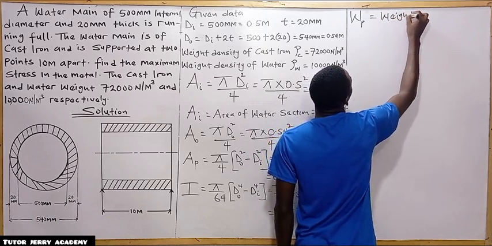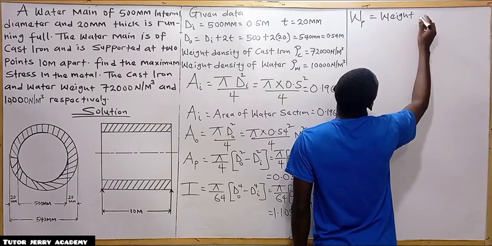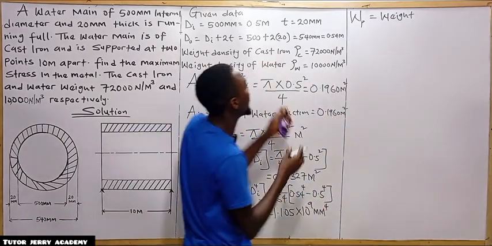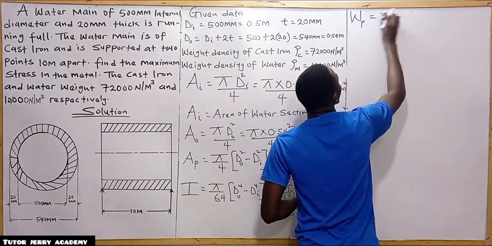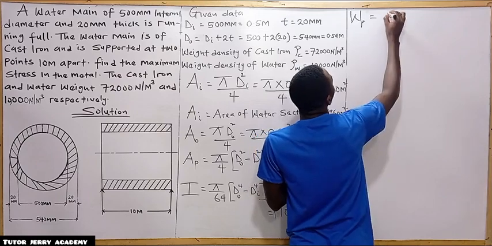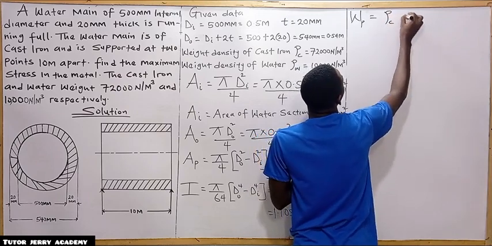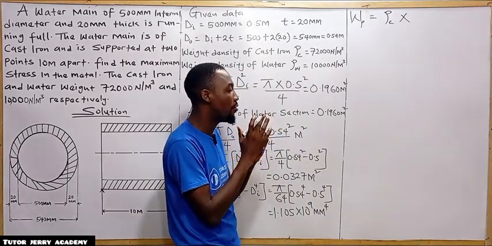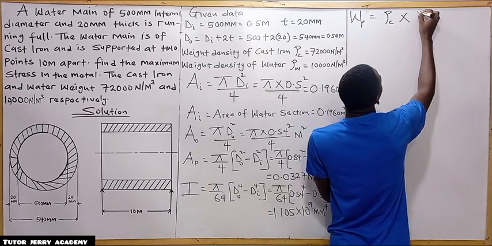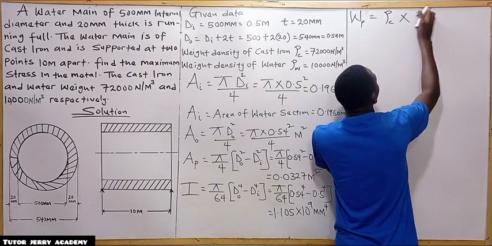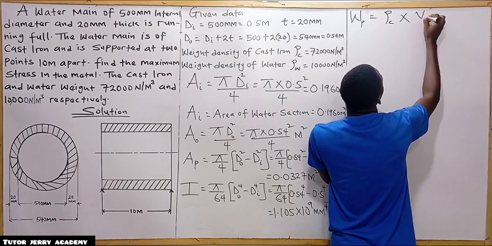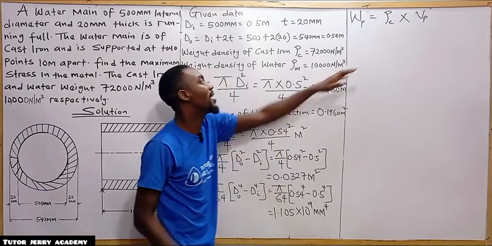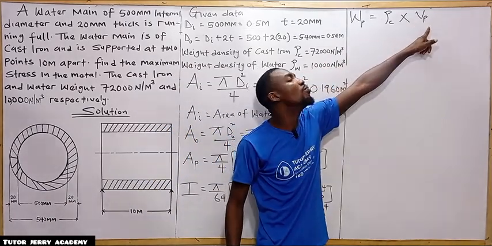Weight density of cast iron, good, which is denoted by P subscript C, multiplied by the volume of pipe. So this is weight density of cast iron multiplied by the volume of pipe.